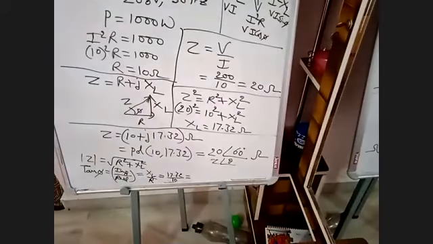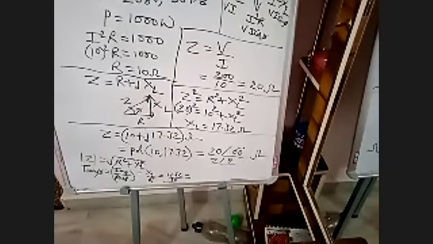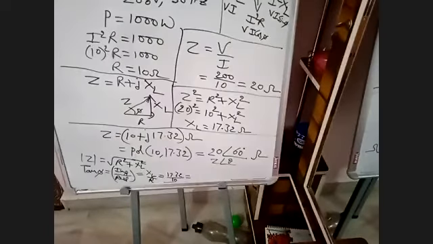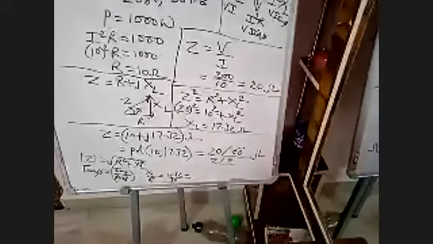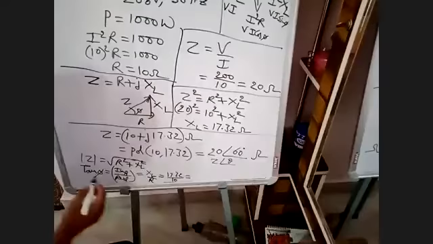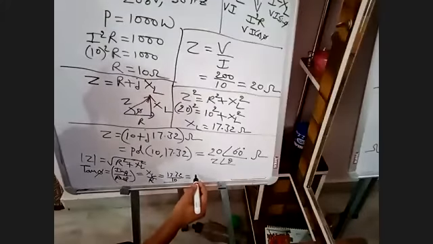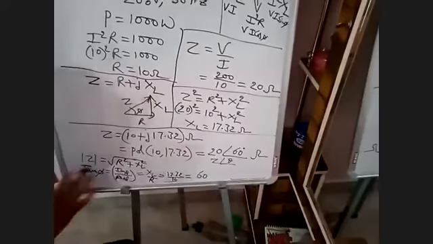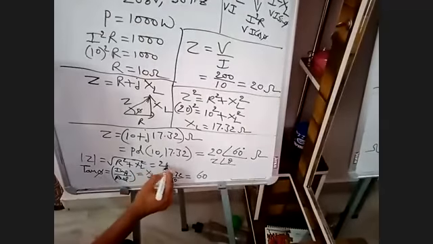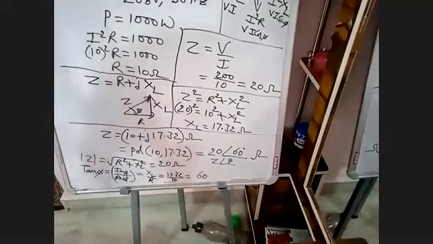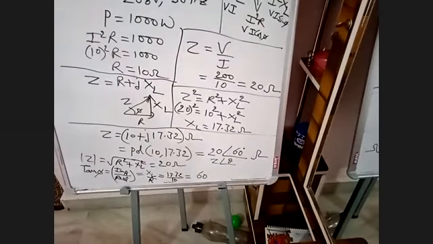Phi is equal to tan inverse of that one. You will get 60. Okay. Yes, sir. 60 you will get. This will be 20. So if you are not using the calculator POL, you have to calculate like this manually.